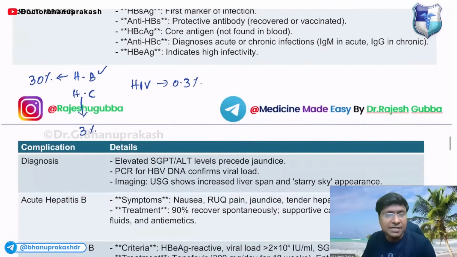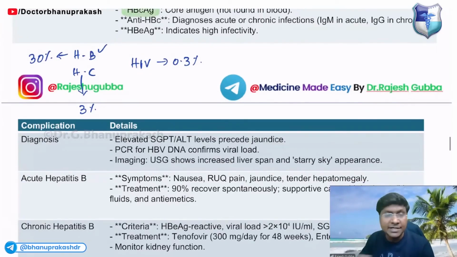So the first serological marker is what? Surface antigen. To that particular surface antigen, you have the formation of the protective antibody, that is anti-HBs, right? And I told you that core antigen will never appear in the blood because it will remain within the hepatocytes. Then what is the antibody to the core antigen? The antibody to the core antigen is the anti-HBc, right?